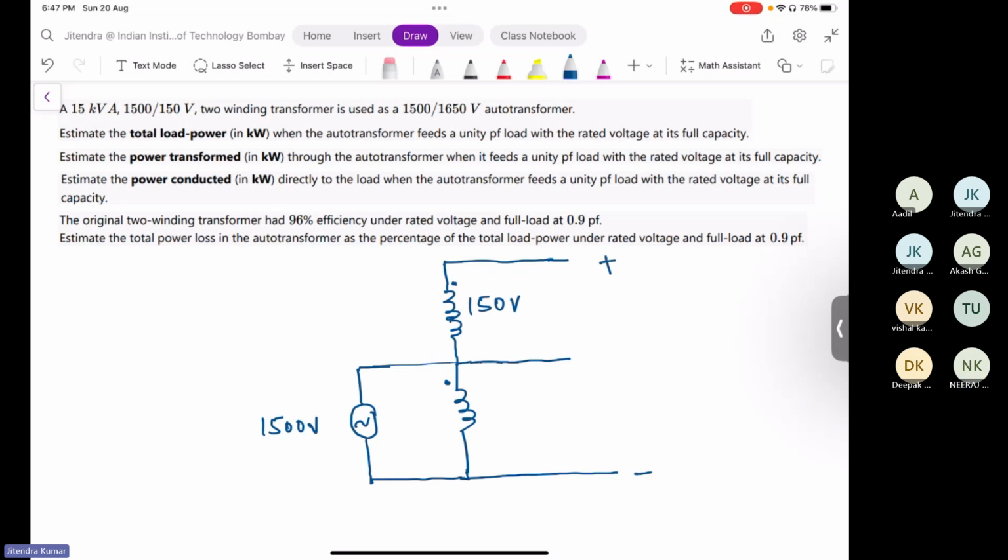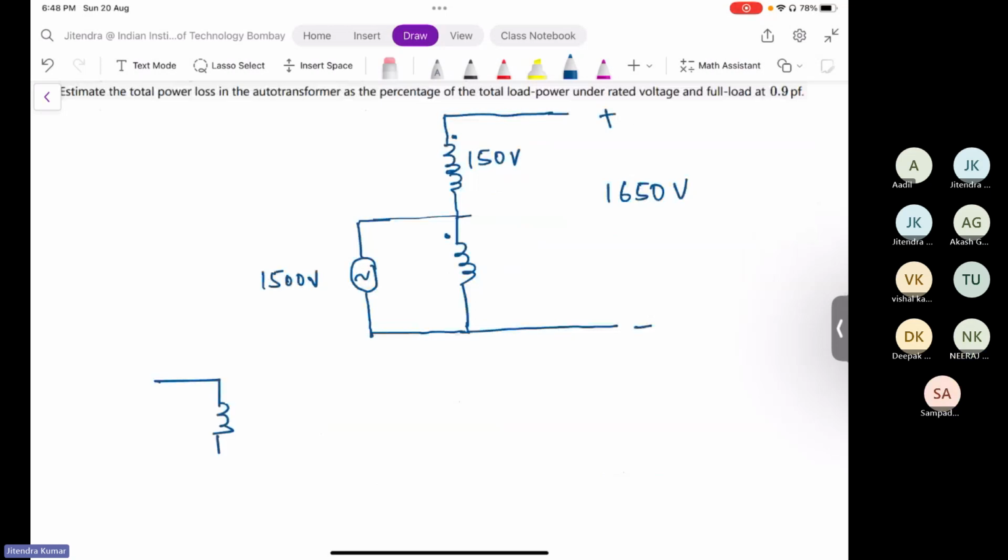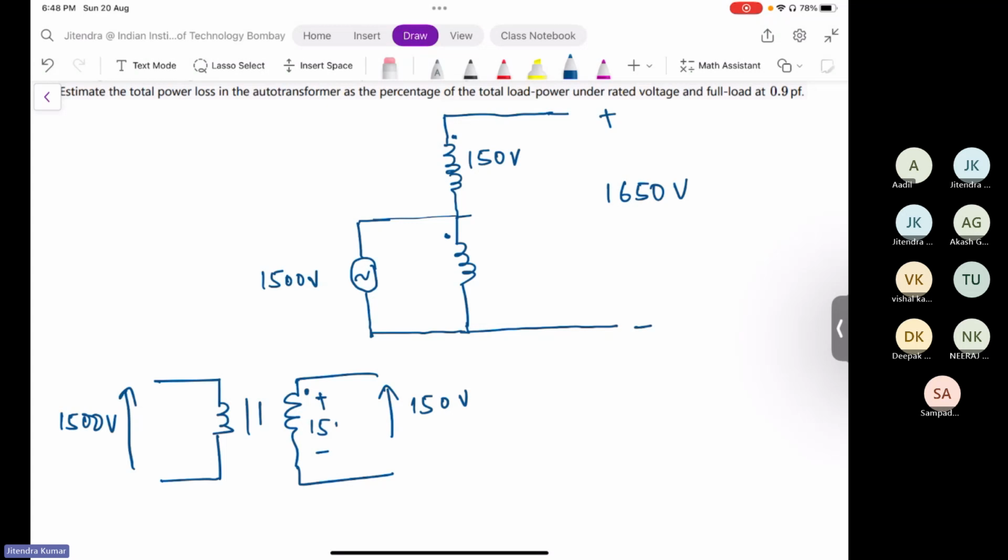So what voltage can you observe at the secondary terminal? So 1650 volt, and that is what is written in the problem as well, right? When this 1500 divided by 150 volt two winding transformer is used as an auto transformer, so essentially this was the two winding transformer, 1500 here, 150 volt.